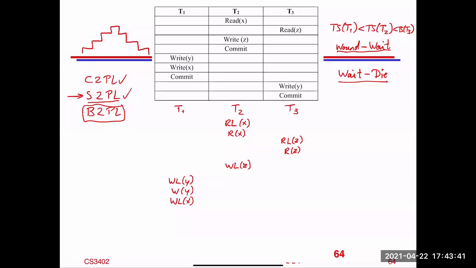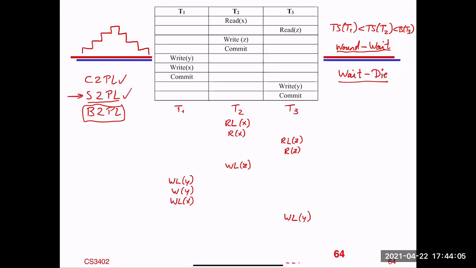Note that T3 is not blocked. T3 now wants to acquire a write lock on Y, but unfortunately, T1 currently holds a write lock on Y. So we have a problem, right?